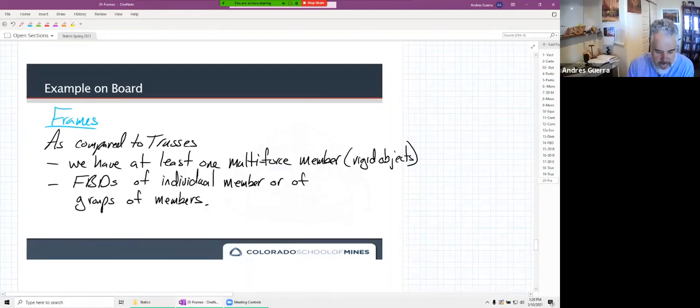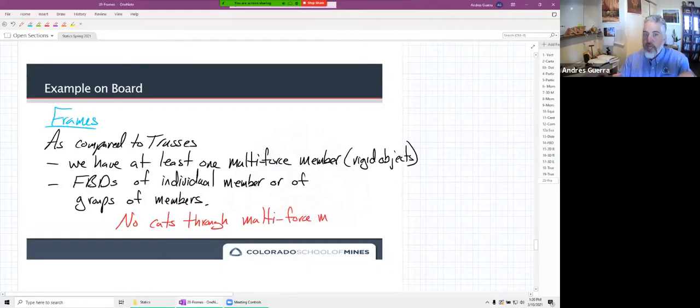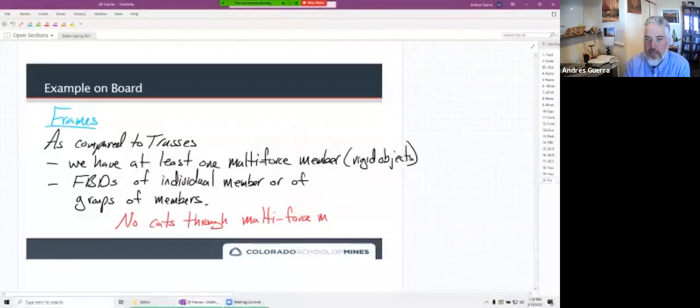And we cannot make any cuts through multi-force members. So that's why we draw an FBD of an individual member, the entire individual member. So no cuts through those multi-force members.